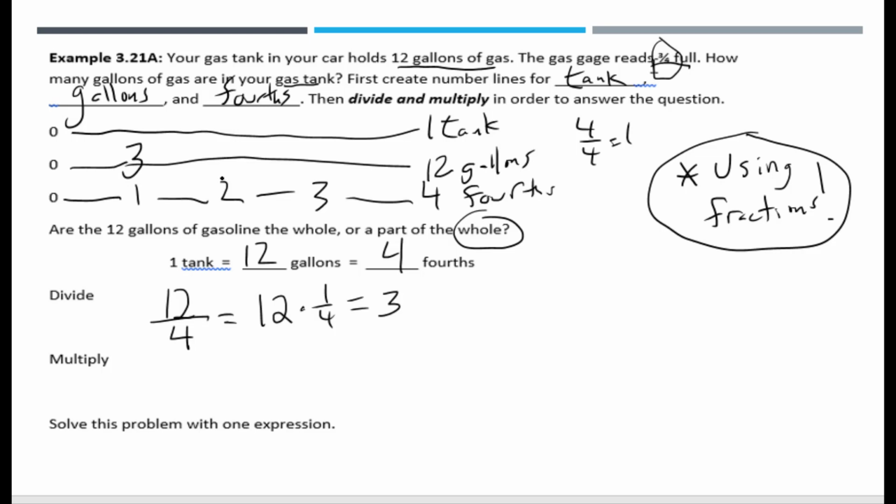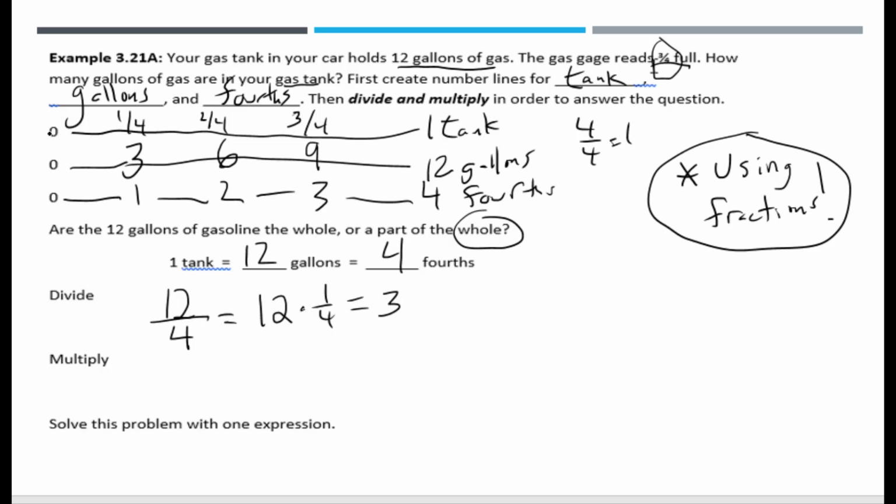From here it should be pretty easy to see: if I double the fourths, I would double the gallons, and if I triple the fourths, I would triple the gallons. And I can write this up here. There's 1/4, 2/4 of a tank, 3/4 of a tank, and 4/4 of a tank.